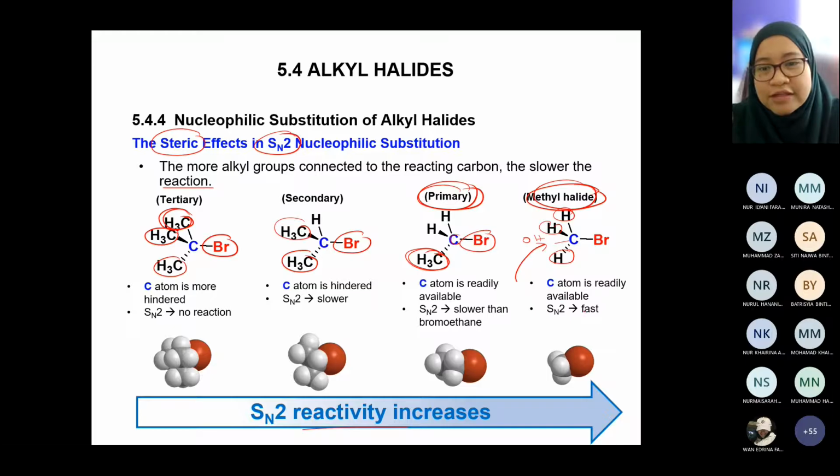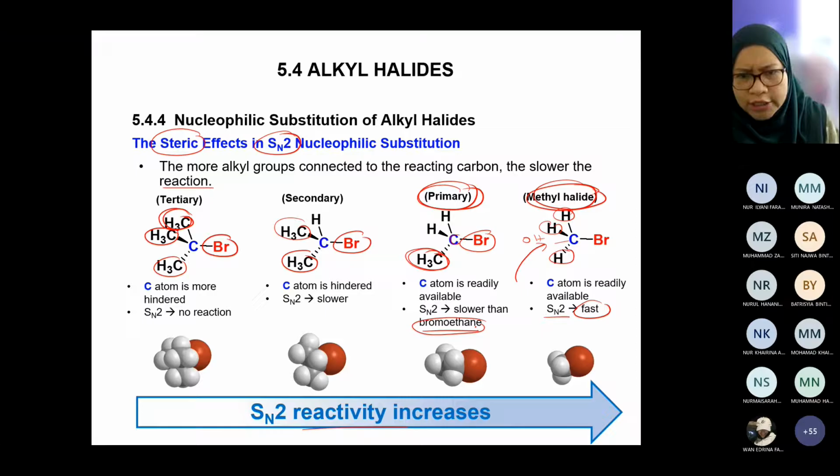Okay, do you see? SN2 proceeds faster with methyl halide. SN2 proceeds slower than bromomethane, this one here. Bromomethane, not bromoethane. SN2 proceeds slower than, because it is comparing, slower than this one.